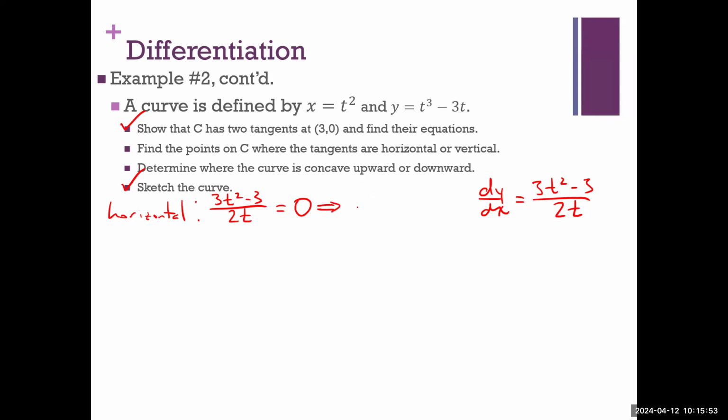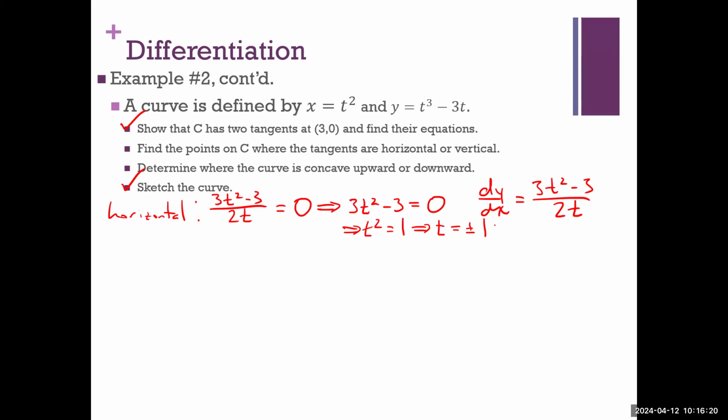We can multiply through by 2t. Or another thing is, we have a fraction, and the only way that fraction is going to equal 0 is if the numerator equals 0. So if 3t squared minus 3 equals 0, that comes out to t squared equals 1, so t equals 1 or negative 1.